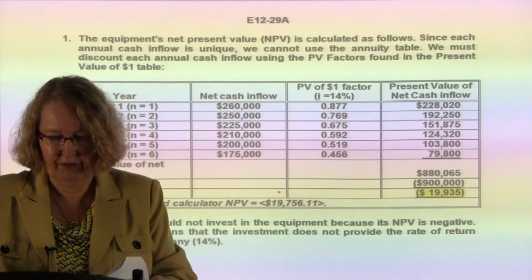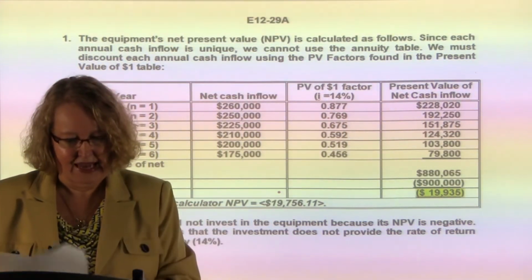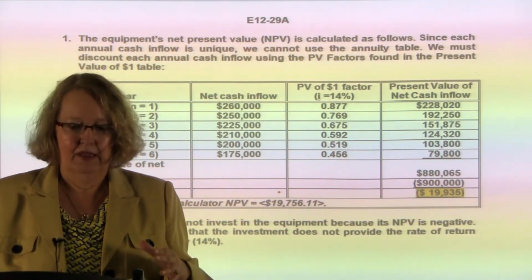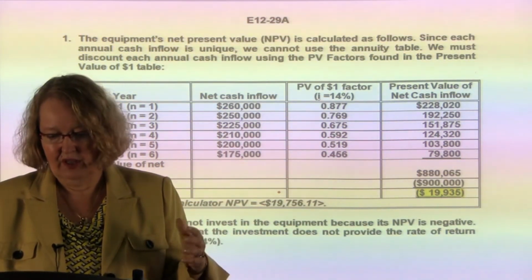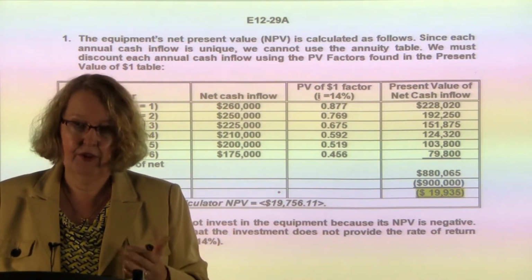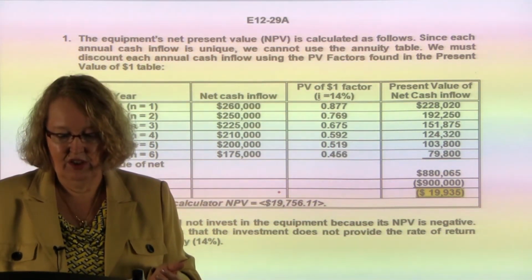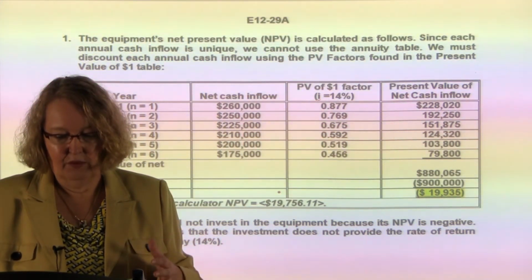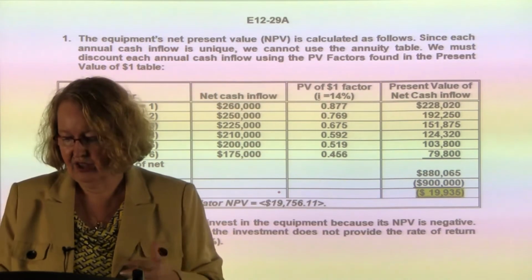So now we'll look at requirement 2. So requirement 2 is taking the original option and expanding on it. So it's saying that if they could refurbish the equipment at the end of the 6 years for $100,000, then it would provide additional cash flow.